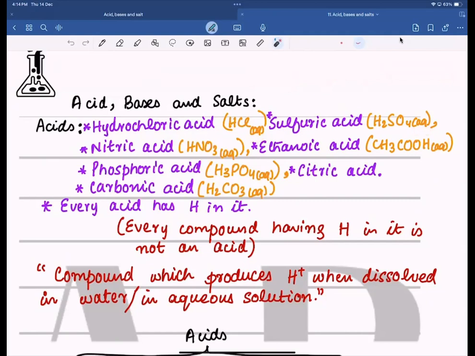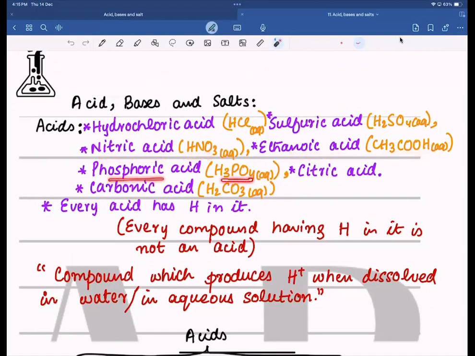Then the third acid is nitric acid with a formula of HNO3, and ethanoic acid, CH3COOH. Where is ethanoic acid used? Yes, in vinegar, very good. So vinegar has ethanoic acid.